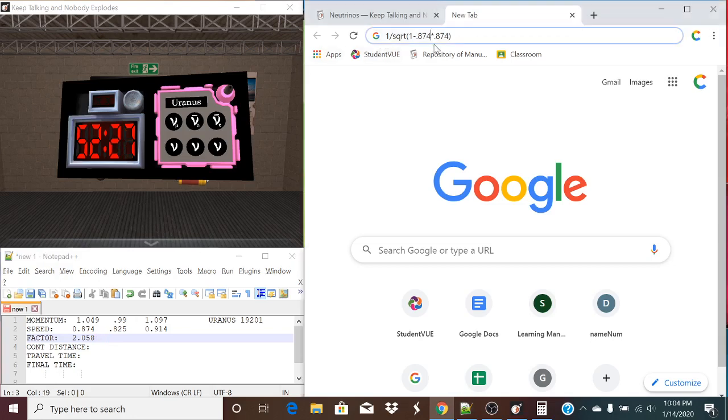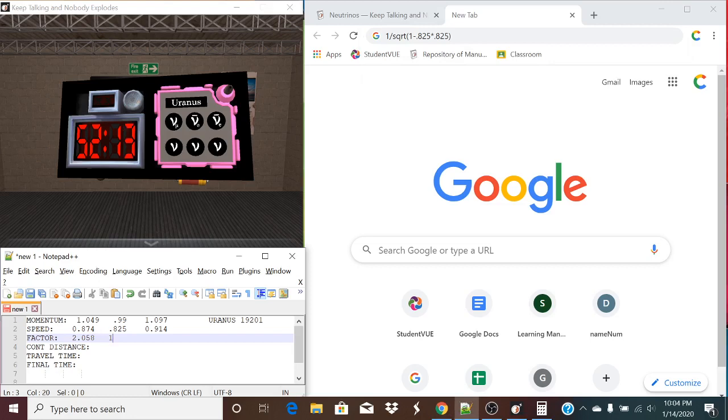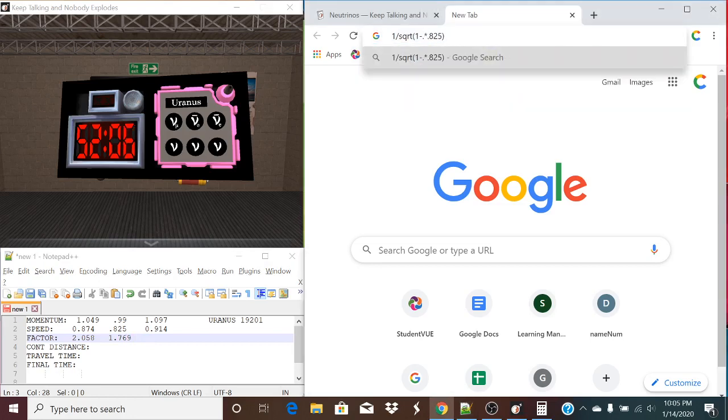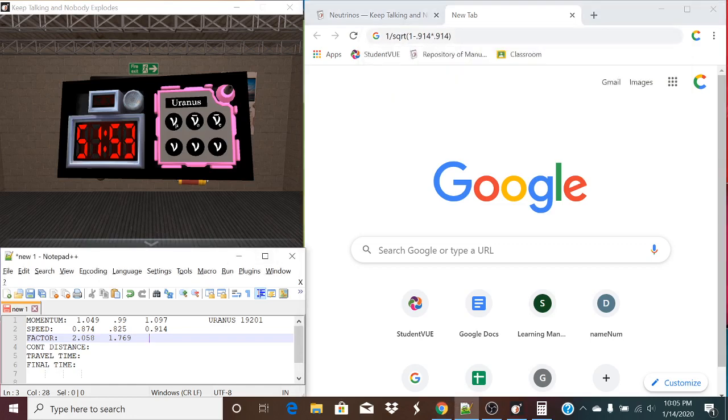Next up, 0.825 is going to give us a value of 1.769. And finally, plug in 0.914. It's going to give us a value of 2.465, because 7 rounds up. 2.465.